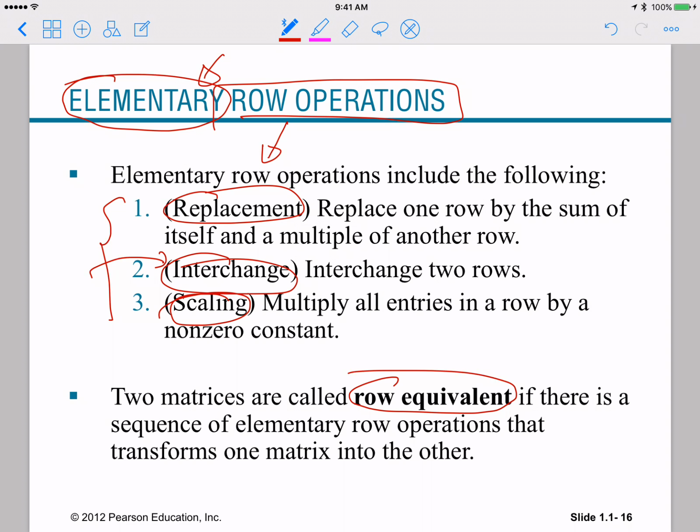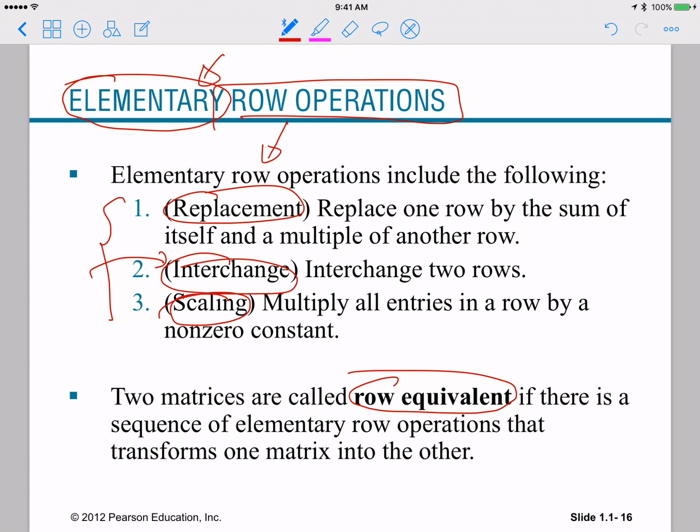And in that case, those two matrices are called row equivalent. Which means rows are somehow equivalent. So the first row is equivalent to the first row in the second system, and then the second row is equivalent to the second row of the system.